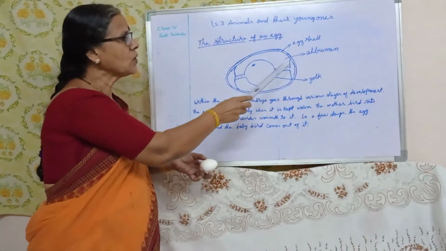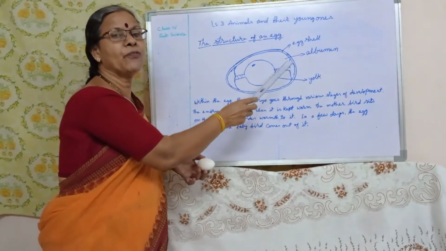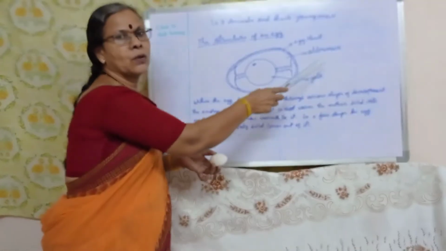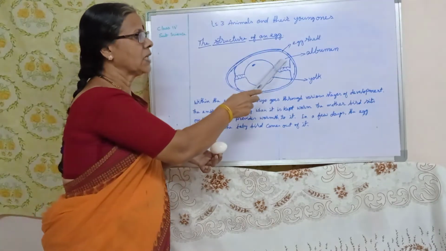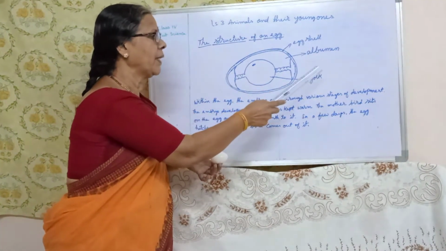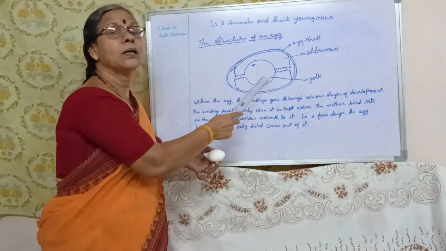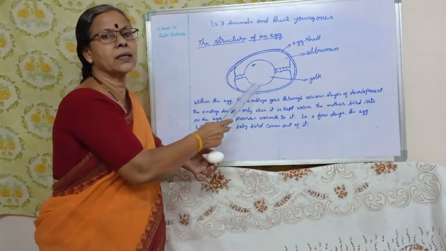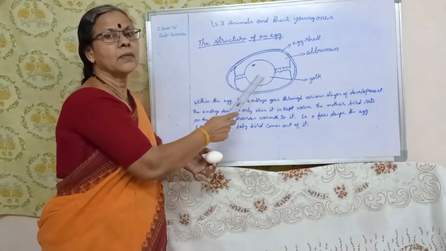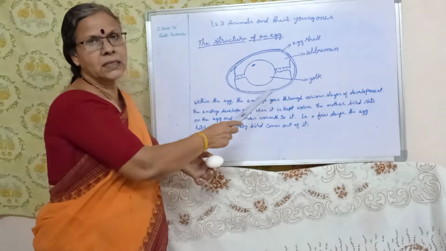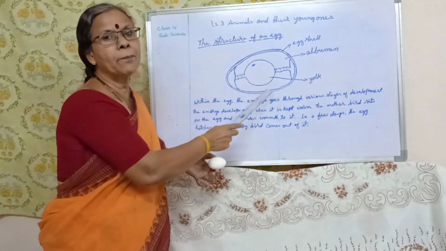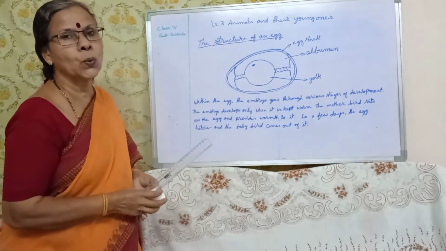And below that, when you break it, you will find the white sticky substance, that is albumen, watery type. And inside that you will find the yellow color. Inside the egg, the growing baby is called the embryo.